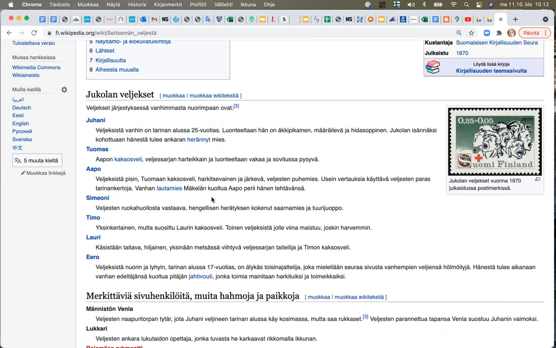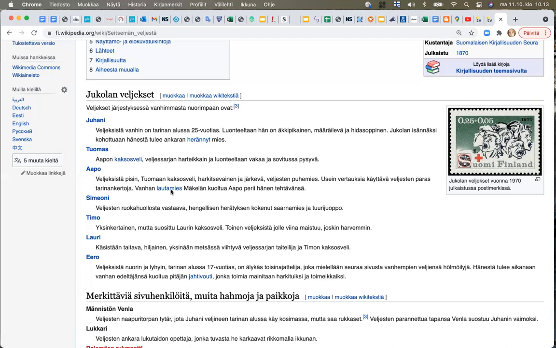Like, for instance, Juhani, who's the oldest one. He's 25, and that's why he thinks he's the leader. But he's actually also the dumb one, who never knows what to do. And he never notices that the real leader, the one who makes the decisions, is Aapo, who's the wisest of the brothers.